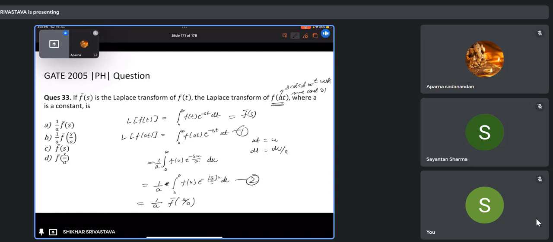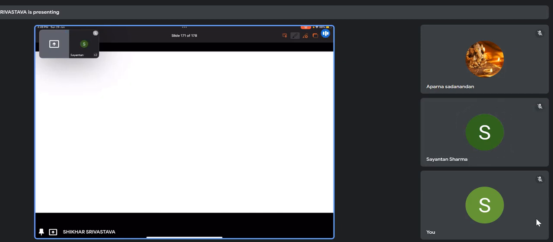So if you replace s with s by a, it becomes F of s by a. In this way, option B is the correct option for this question. Clear, right? Yes. So these are some straightforward questions.